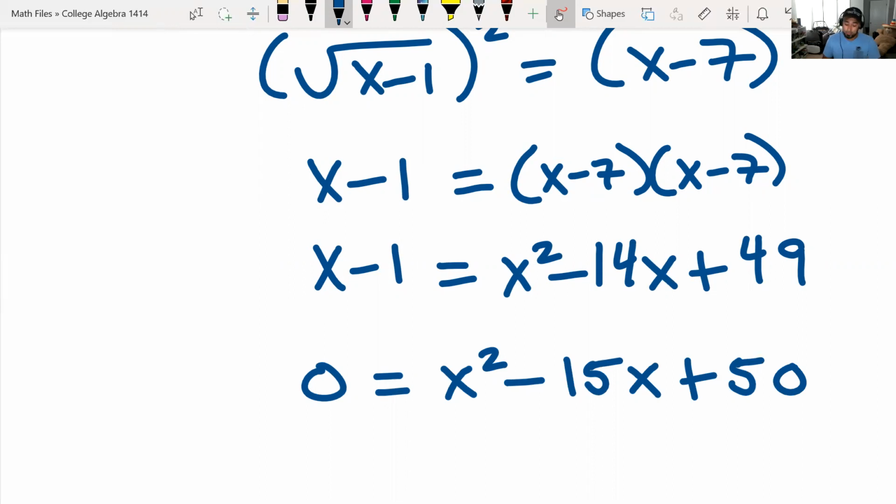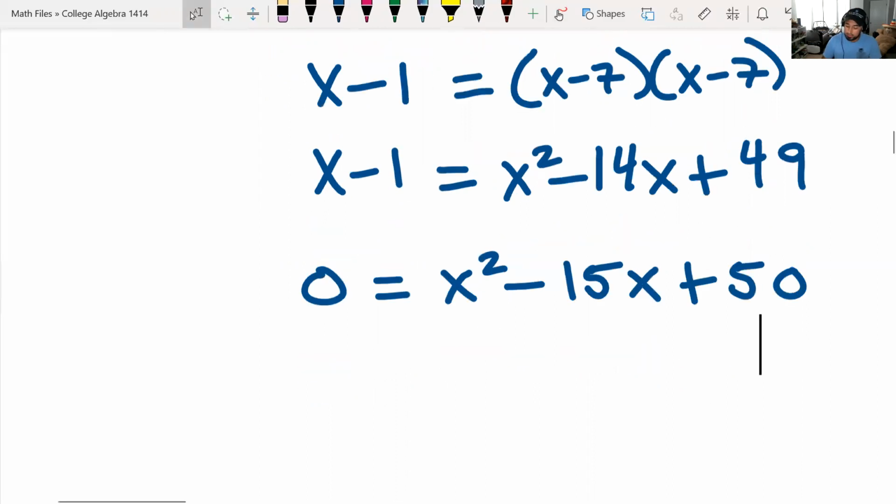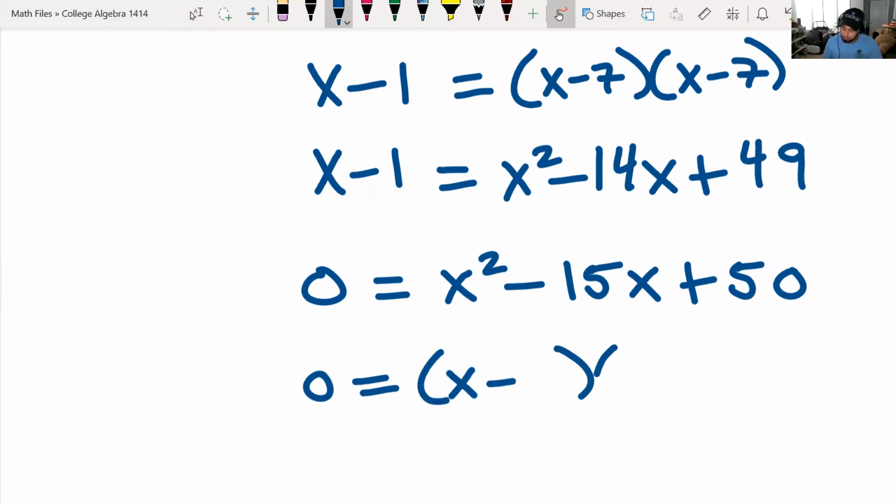And now all we have to do is factor. So this is now a quadratic equation, which means we can solve for x. And one of the ways to solve a quadratic equation is to factor. So 0 equals, and this is minus minus, so you should have x minus a number, and x minus a number.